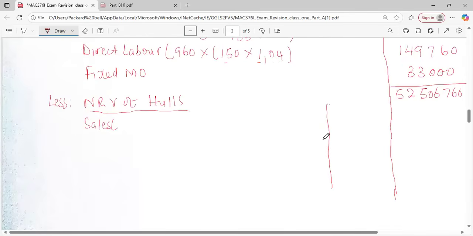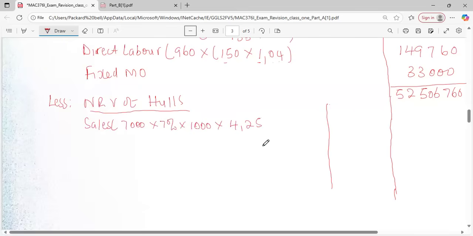So the sales value is going to be 7,000 tons times 7%, times, if you want to convert tons to kg, 1 ton is equal to 1,000 kg, then times 4.25.